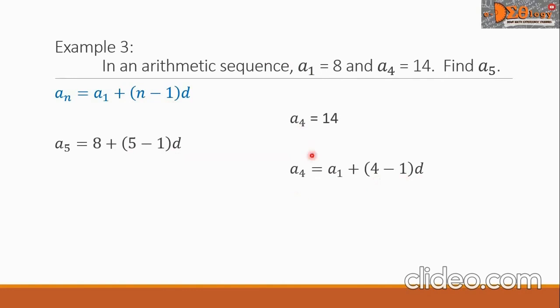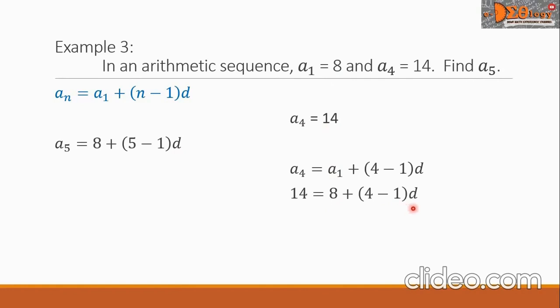This a sub 4 is equal to 14, and a sub 1 equals 8. Substituting these values, we have 14 equals 8 plus 4 minus 1 times d.